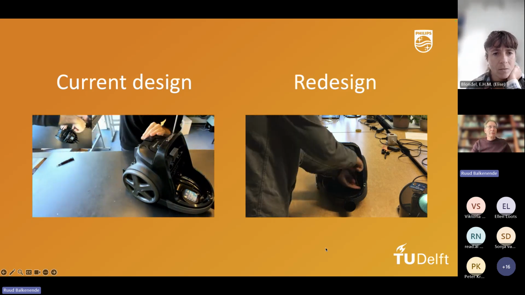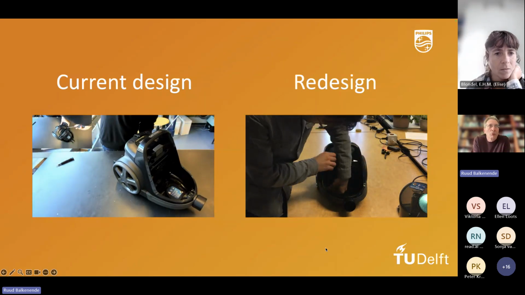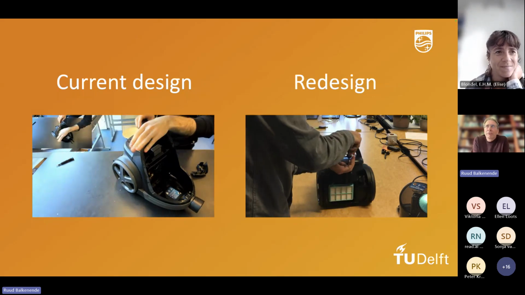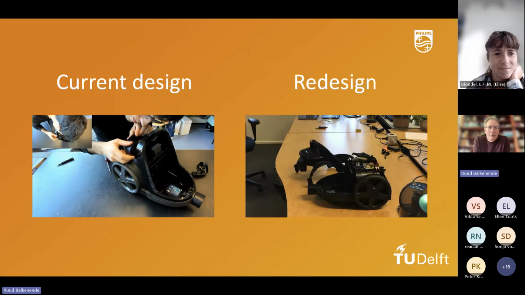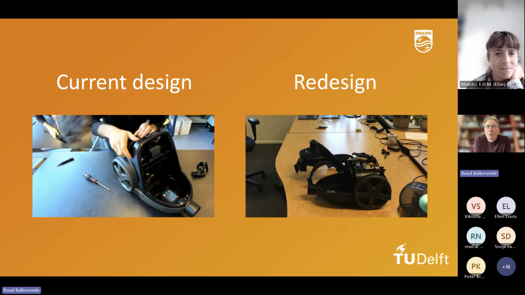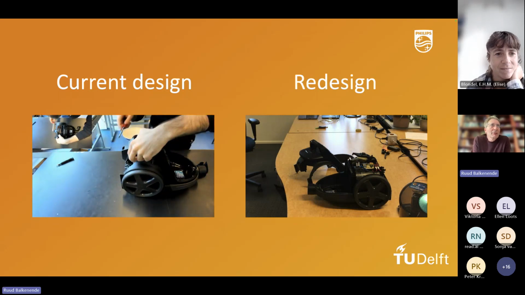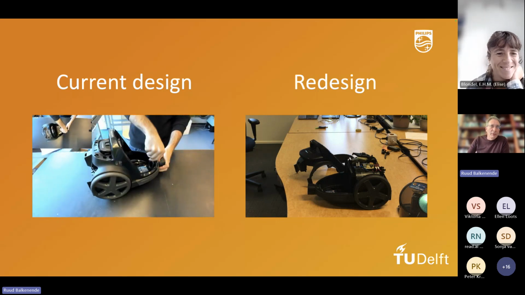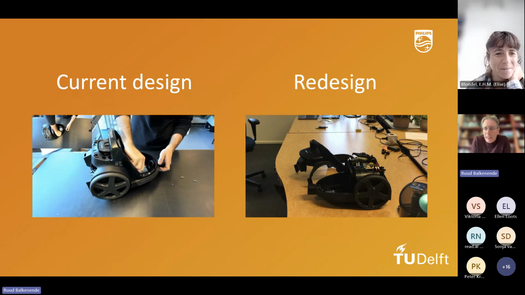I hope that also online this will be clear. The current design is on the left, the redesign on the right. And you see that the redesign already is done. And I will skip the remainder of the movie because the current design will take another 2 minutes to get at the same level of depth.